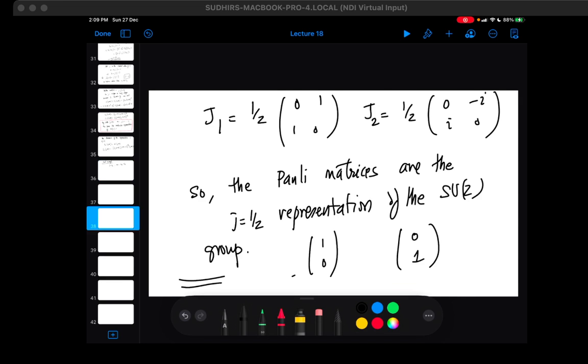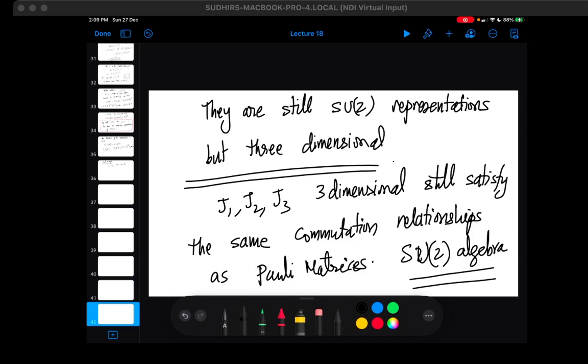We constructed J square because J square is a Casimir, and J plus and Jz, which is the diagonal eigenvalue. Using these two, we constructed all possible representations for a given value of j. For example, we considered j is equal to half, j is equal to 1, and similarly we can consider j is equal to 3 by 2. That will be four dimensional matrices because the dimension of the representation is 2j plus 1.